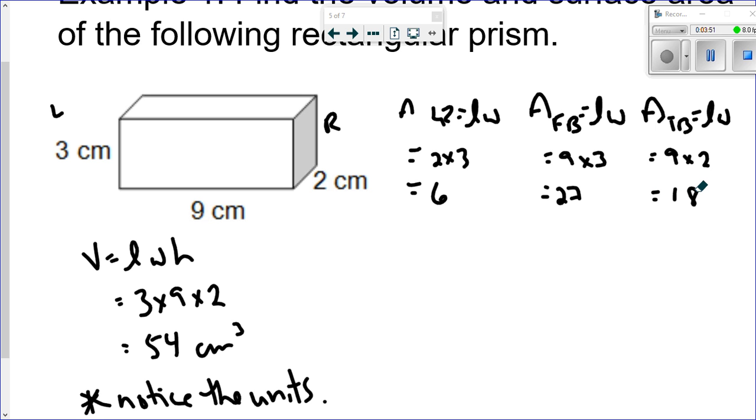Now there's 2 of them, so total area. There is a formula on your sheet. It's a slightly different version than what I've done here, but it works out to the same thing.